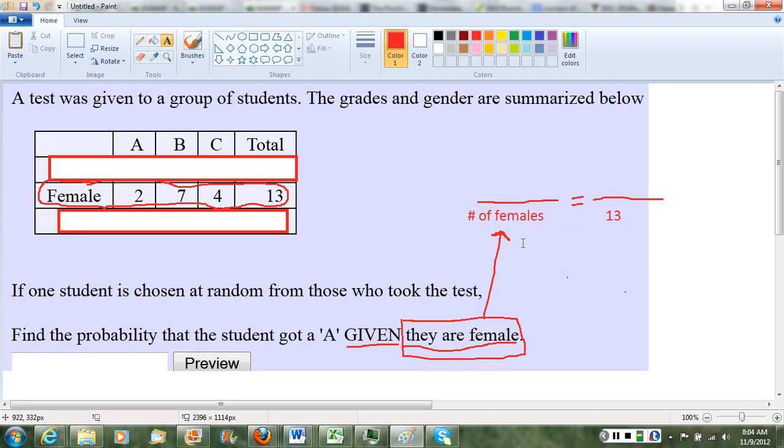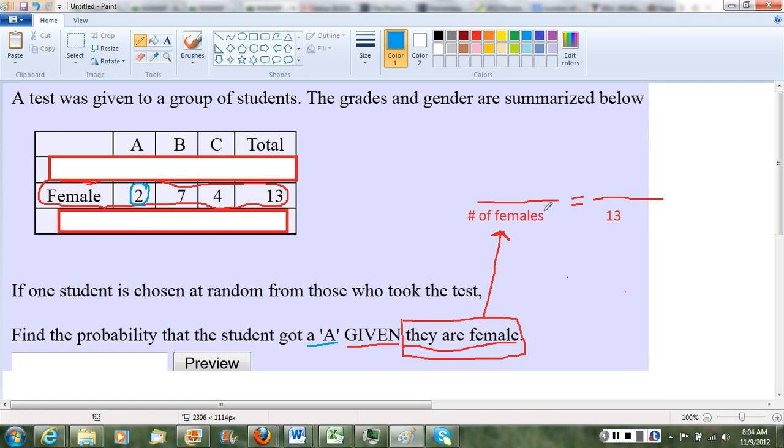We want to know, if we know the student we chose was female, what's the probability that they got an A. So if we look at our information here, we can see that there were 2 females who got A's. So that's going to be the numerator of my fraction. So the student got an A, so here's the A's. Because we've already blocked out the males who got A's, that's an easy reminder that we don't need to use them in the count.